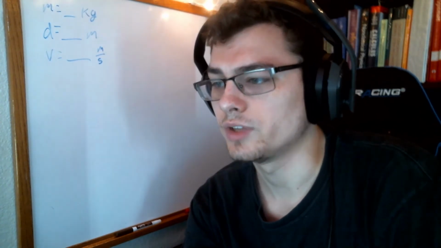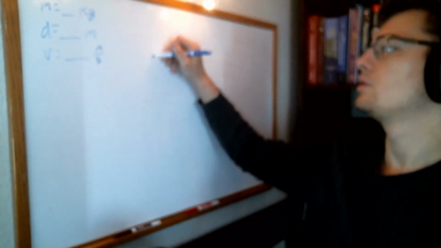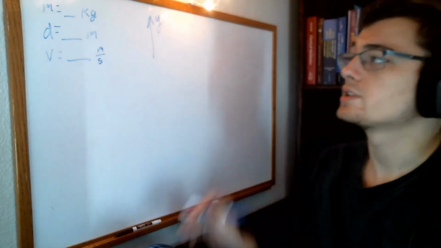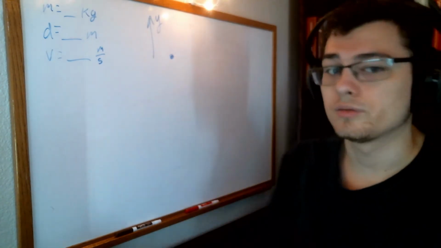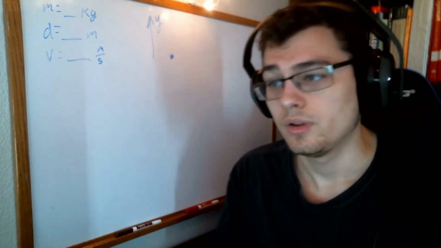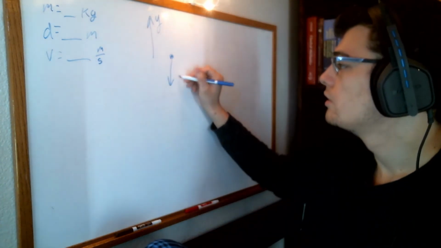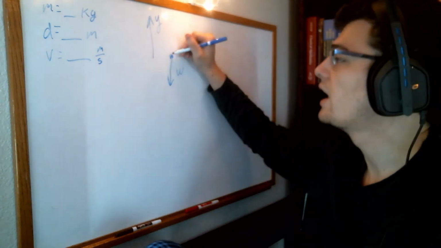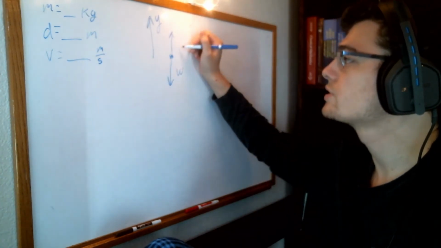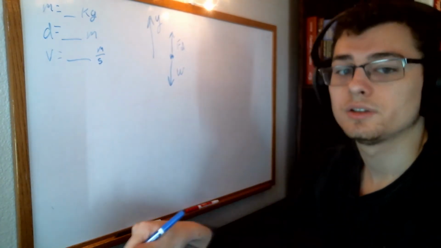I covered this briefly last time. We're taking this to be our y-axis, and we're going to have our skydiver. We'll draw him as just a dot for now, and we have W pointing downwards, and we have our drag force pointing upwards, so I'll write this as FD.